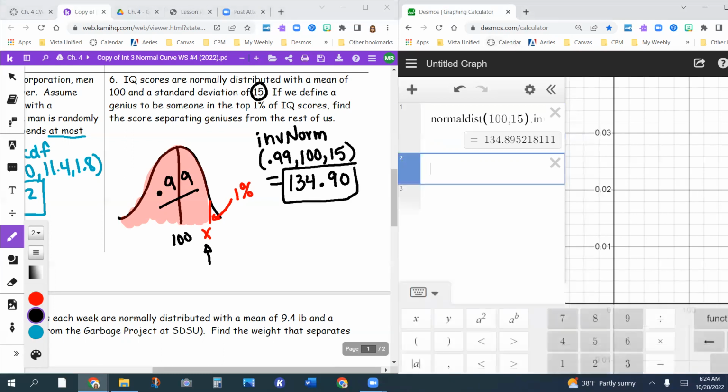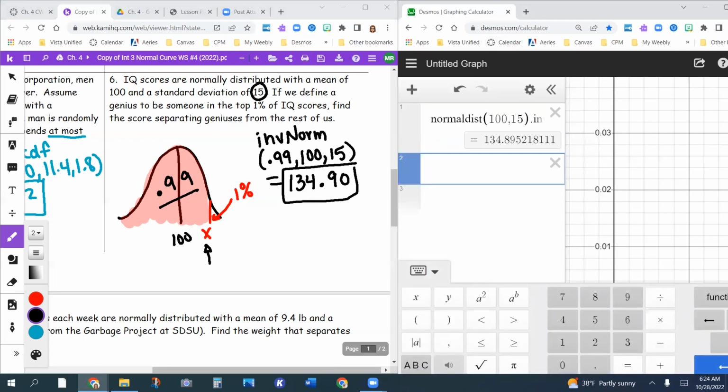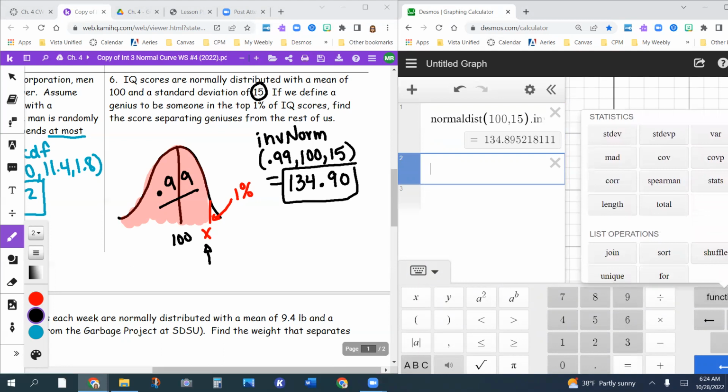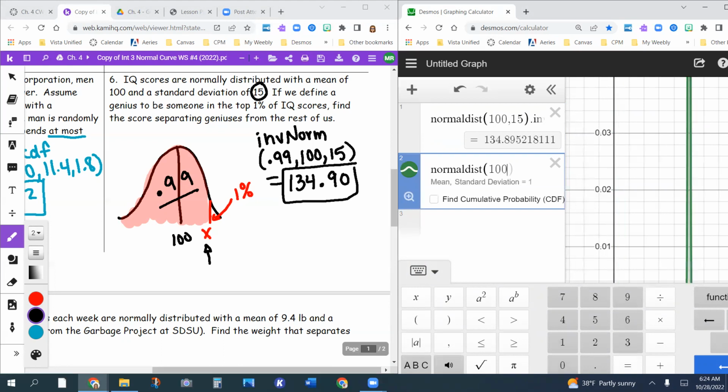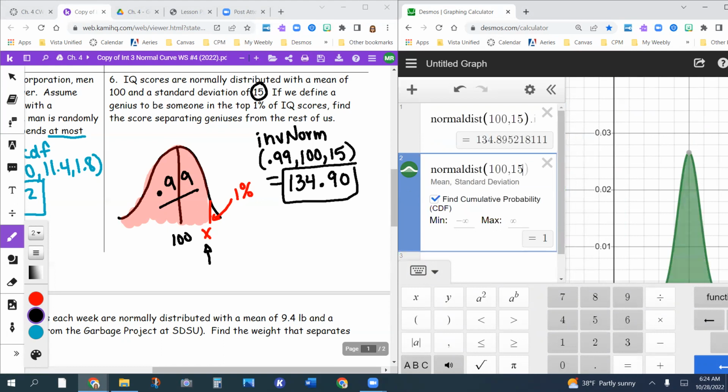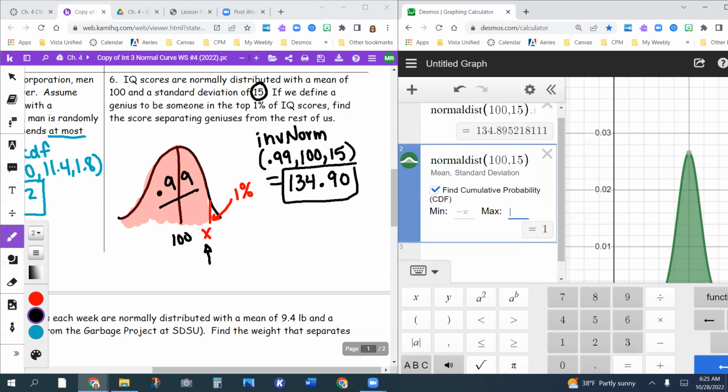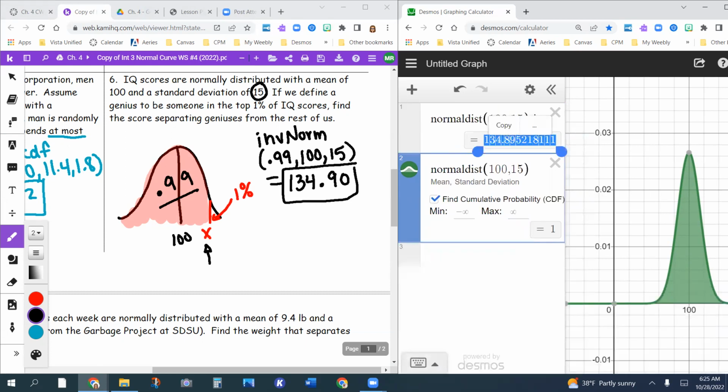Now I can double check myself. If I come to my normal distribution, 100 with 15, and I went from negative infinity up to this answer here, let me see if I can copy this.